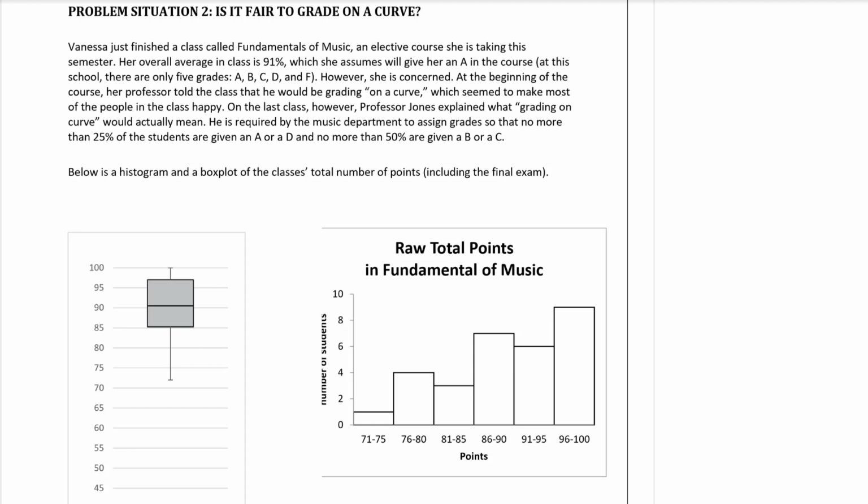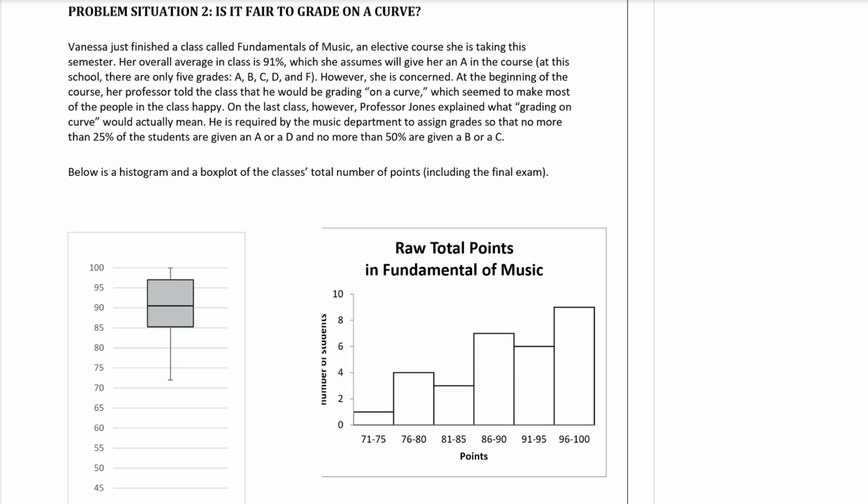On the last class, however, Professor Jones explained what grading on a curve would actually mean. He is required by the music department to assign grades so that no more than 25% of the scores are given an A or D, and no more than 50% are given B or C.